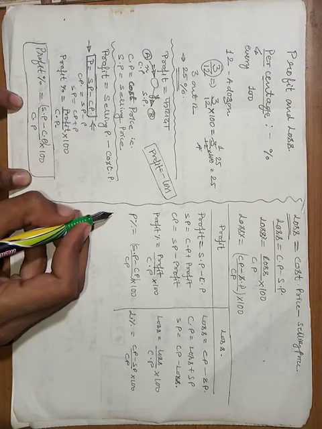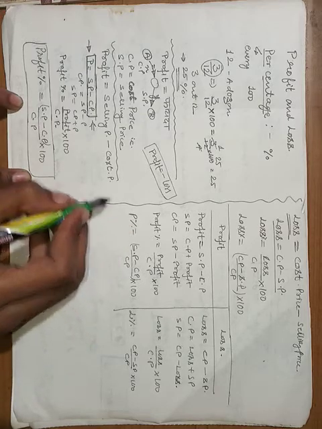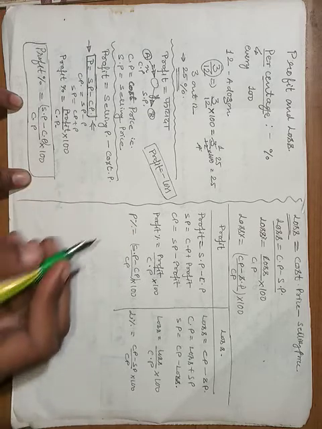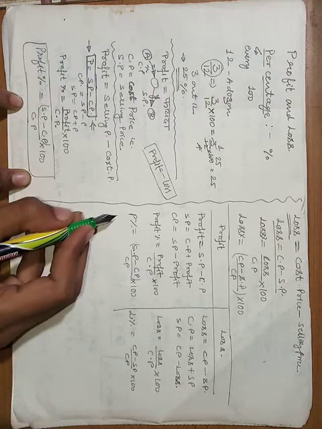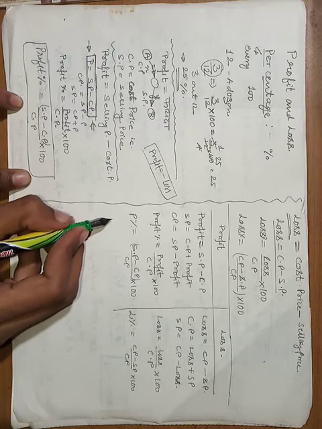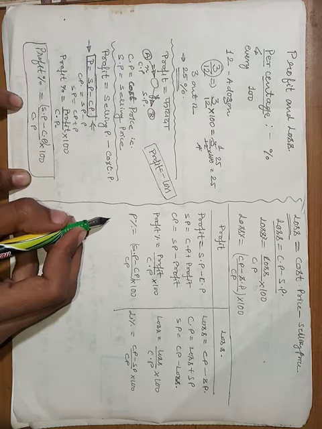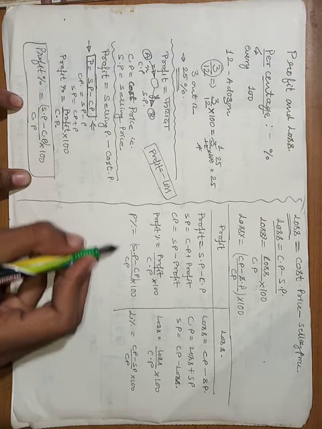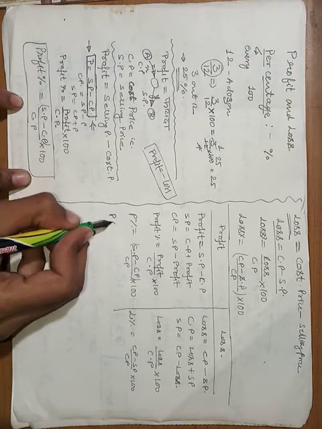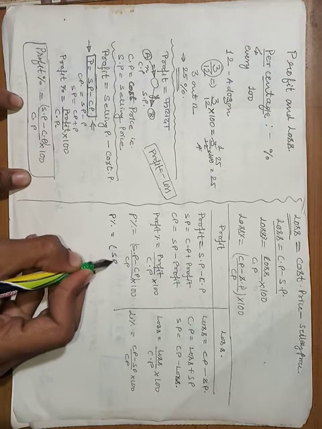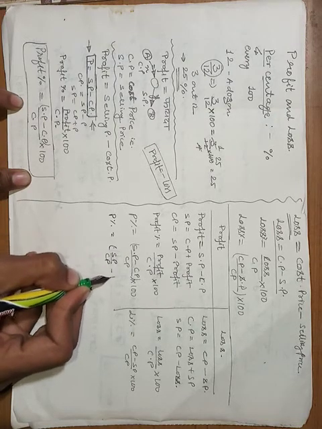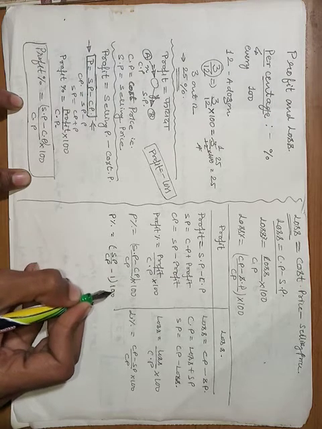If you are given one, then in this equation you can put anything and you'll receive the other thing in return. So from here, if you want to calculate, you can say P is equal to SP upon CP minus 1 into 100.